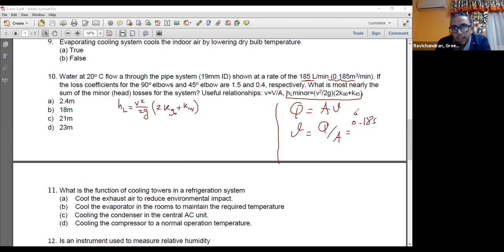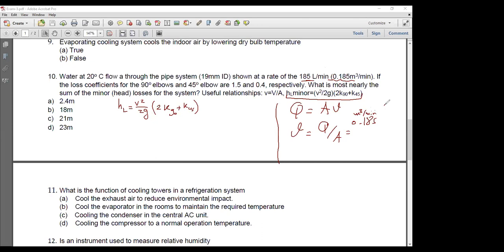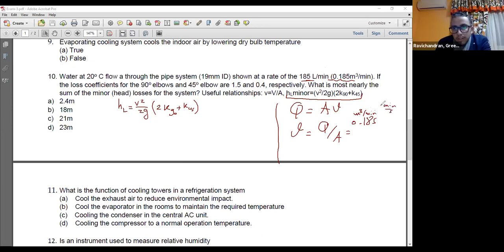But be careful, this is meter cube per minute, so we need to change it to per second, divided by 60, since 1 minute is 60 seconds. Area is pi over 4 d squared. Where is d? 0.019 squared. So we get the velocity. I remember velocity is around 10 something.